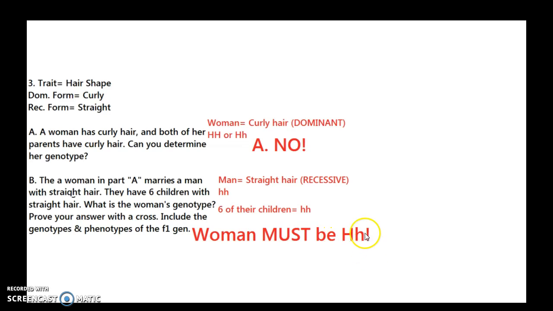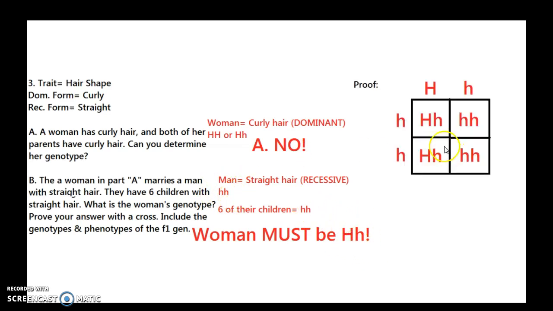So you just take mom's genotype and dad's genotype, and you create a box. So here's mom, here's dad. We fill in our boxes. Now, if you look here, here's mom's little h. So here are our offspring. Here are the chances that they're going to have straight hair. Why can't mom be homozygous dominant?